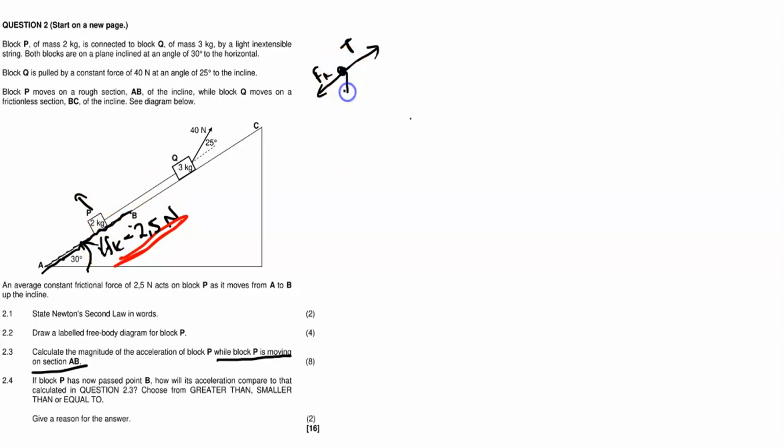There's gravity, so we'll only be using this one, the Fg parallel. So the normal force we excluded, and the Fg perpendicular because they're acting perpendicular to the slope and the angle is 90, so they do not actually contribute to the motion. So we'll be dealing with these three on this one: Fk, Fg parallel, and tension.